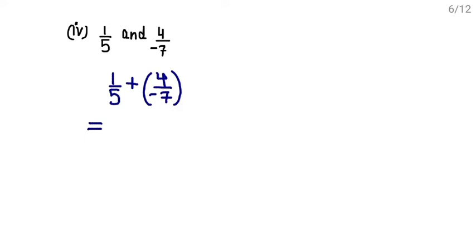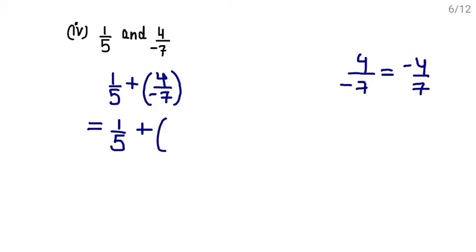Clear? Now write it. 1 upon 5 plus 4 upon minus 7 can be written as minus 4 upon 7. Clear? So write it, minus 4 upon 7, because in standard form in the denominator we don't write a negative value. Clear? So now open the bracket. 1 upon 5 plus minus 4 upon 7.